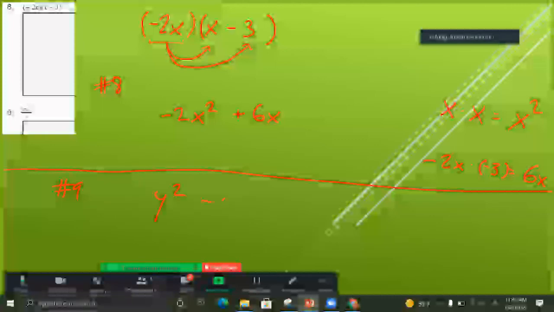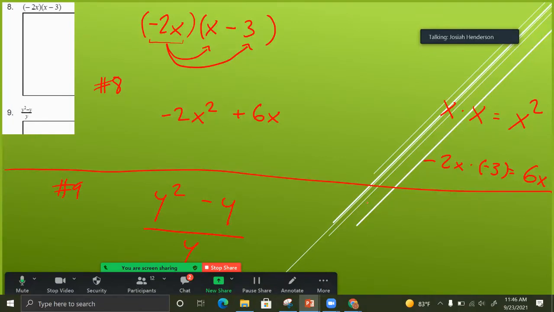y squared minus y divided by y. We can do this, but there's a bunch of different principles, rules that we haven't used lately. So let's go through this together.